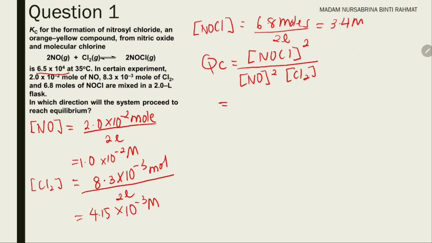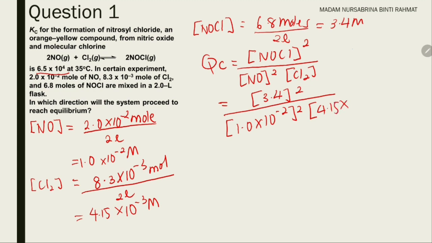Then we're going to substitute with the calculated concentrations that we did before, simply without adding the unit. If you press your calculator, you will get your Qc to be 2.786 times 10 to the power of 7.